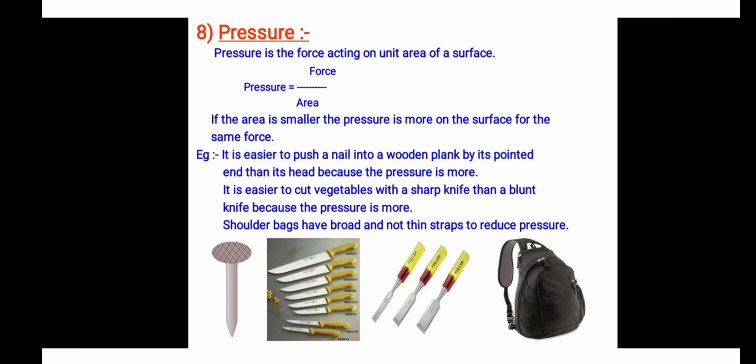So look at the figure examples. It is easier to push a nail into a wooden plank by its pointed end than its head because the pressure is more. Because at the pointed end the area is small, the pressure is greater.